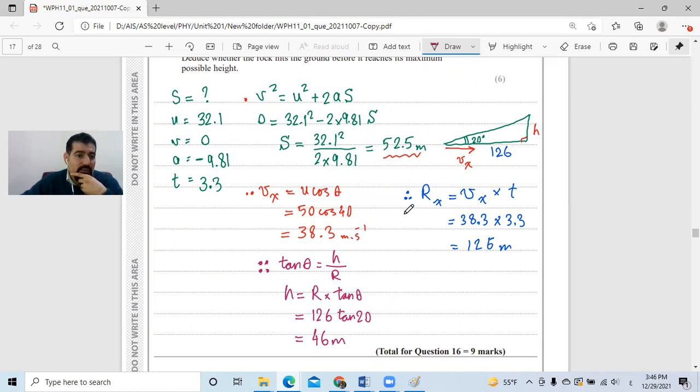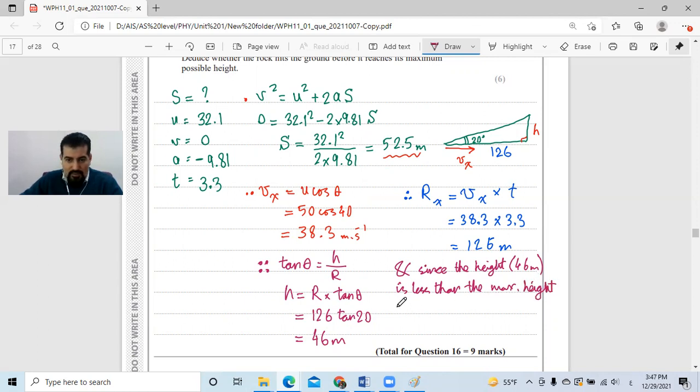Can we use the time to determine whether the rock lands on the side of the hill? You can do that. That's another way to answer the question. Yes. So since the height, 46 meters, is less than the maximum height, 52.5 meters, it didn't land.